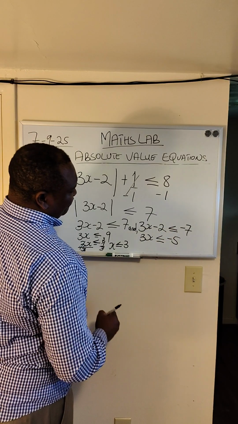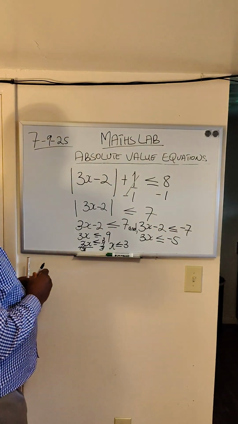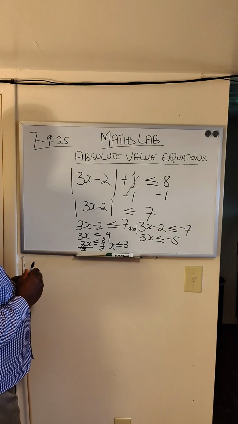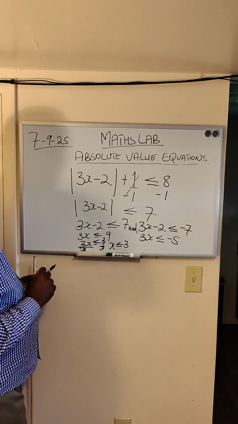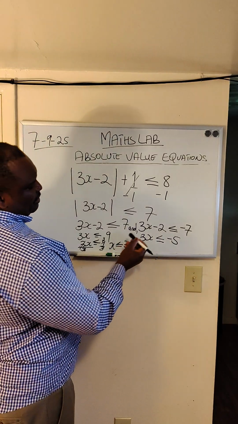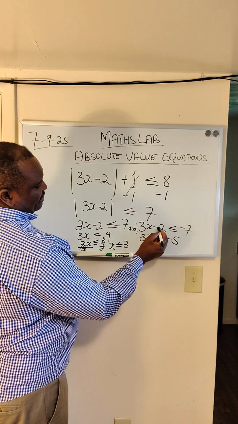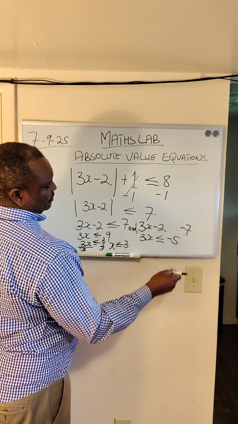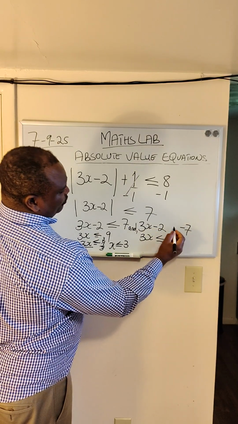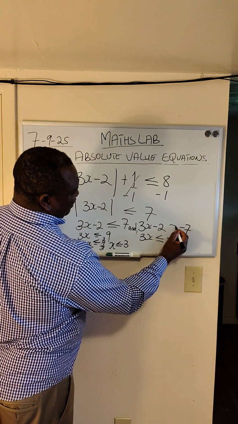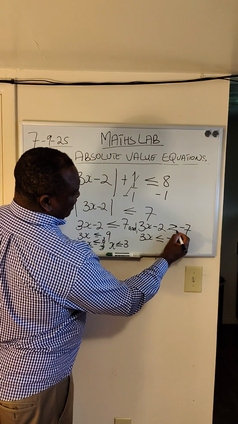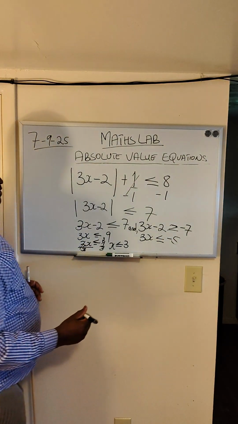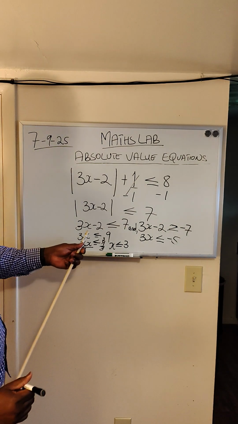So now 3x minus 2, this is greater, the sign is greater now because 3 is bigger than 2. So the sign will change. Notice the change of sign.